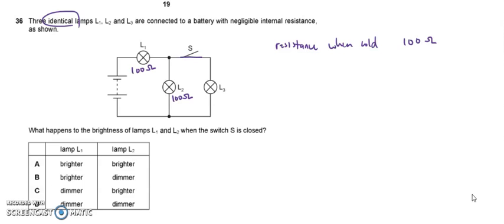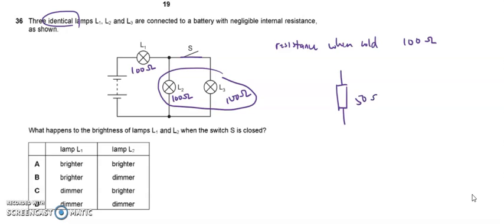When S is closed, this is also another 100 ohms. So the effective resistance from the parallel connection will be reduced. In this case it becomes 50 ohms. So L1 is still at 100 ohms. This is when it is cold.